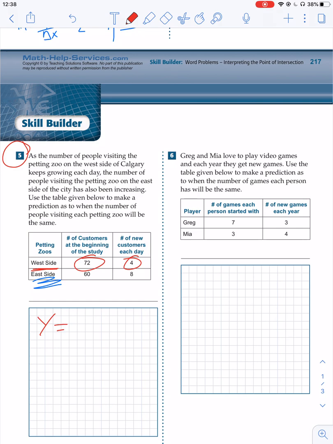So x in this case would be the number of days, and y will be your total number of customers. You could easily represent this using an equation. Every day there's an increase in the number by 4, so 4 times x.